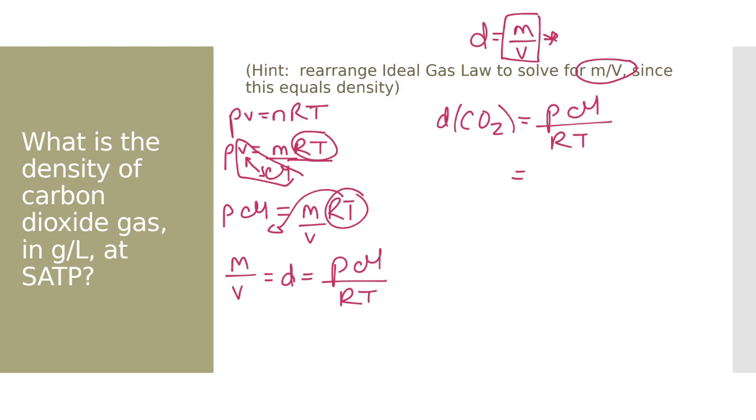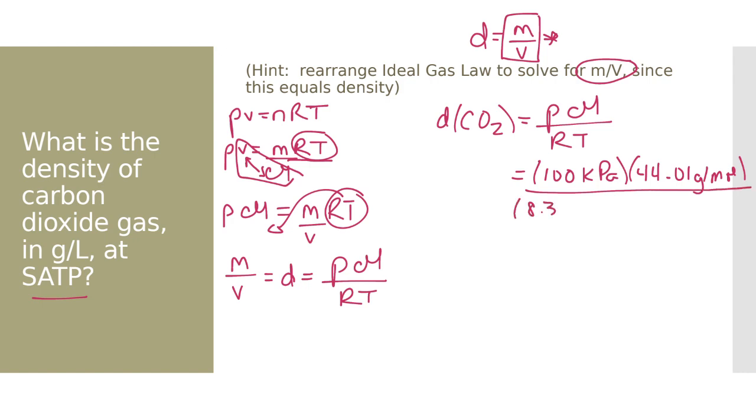And I know that the pressure at SATP is 100 kPa. The molar mass of carbon dioxide is 44.01 grams per mole. And then R is always the same, 8.314 kilopascals liters over moles Kelvin.